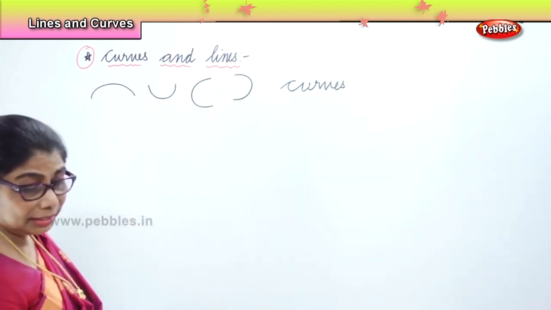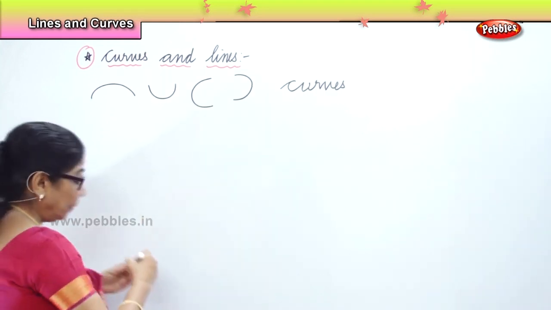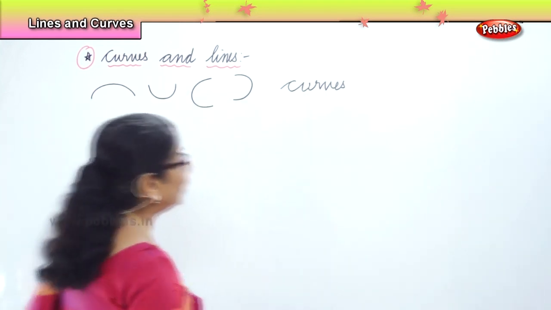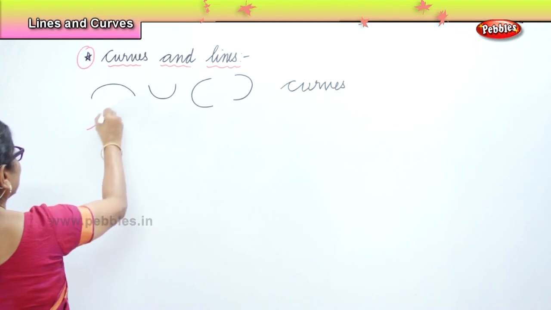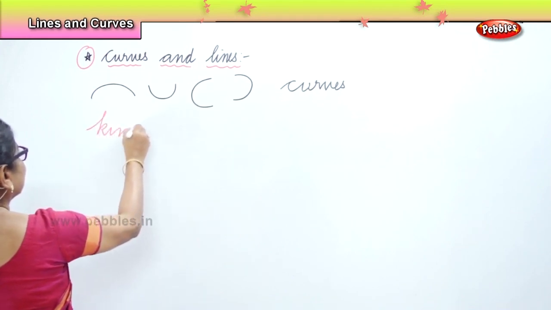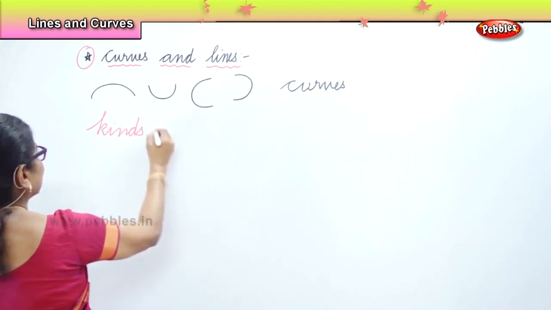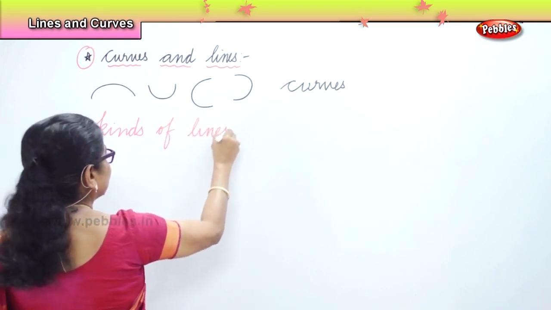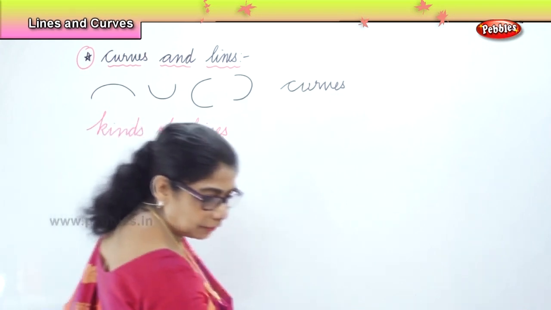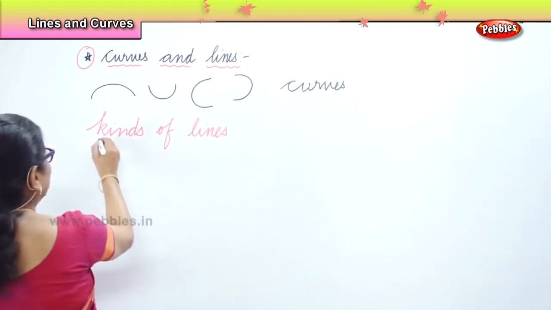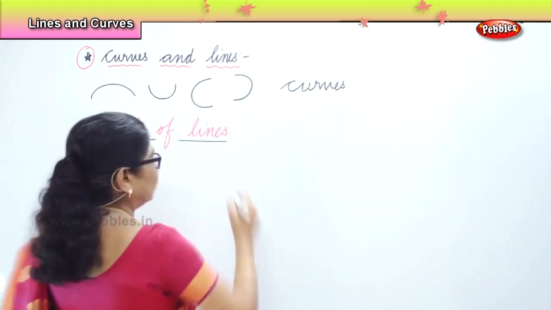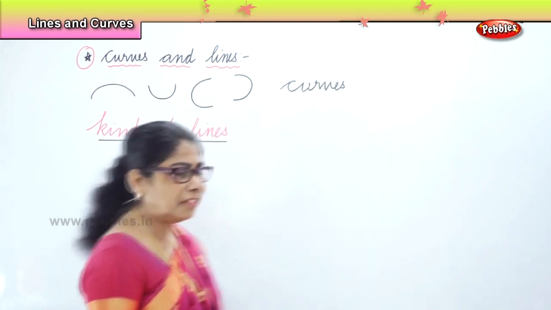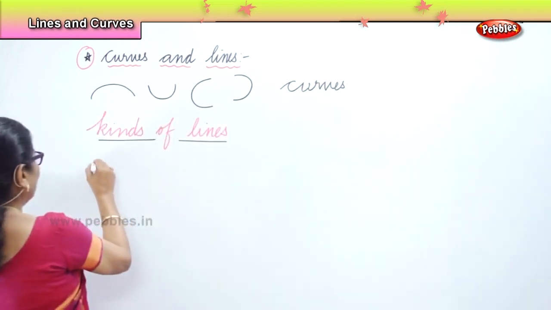Now what are the different kinds of lines? What are the kinds of lines you need to know? Now, we have the horizontal line.